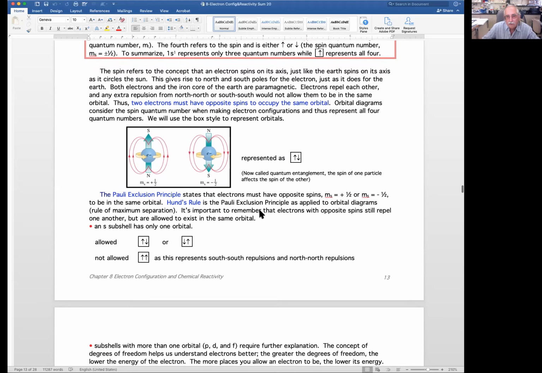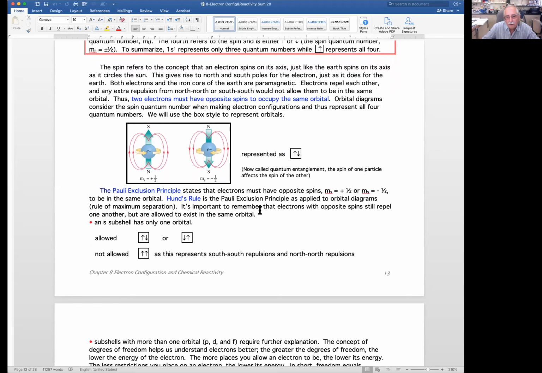As it turns out, electrons are paramagnetic. Iron is paramagnetic. That means that you can make it into a magnet. So the reason why the Earth has a north and a south pole is because we have an iron core and because the Earth is spinning.